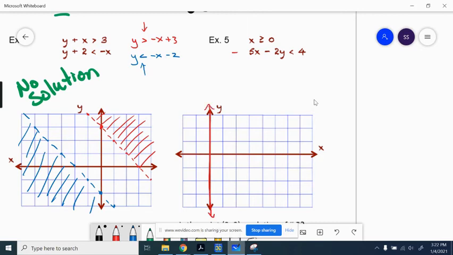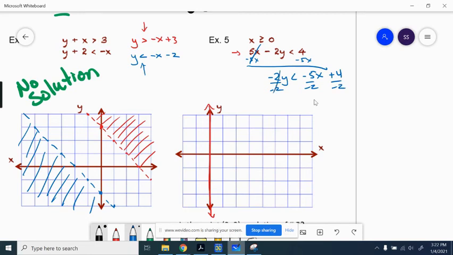All right, now let's do the bottom equation. Go ahead and subtract 5x on both sides. And I'm left with -2y is less than -5x plus 4. And divide by -2 on every term.